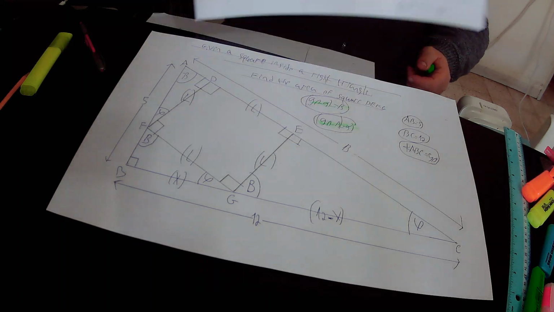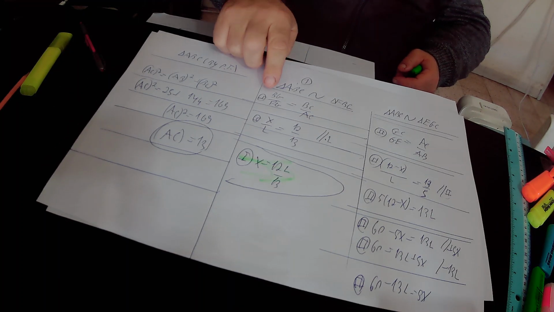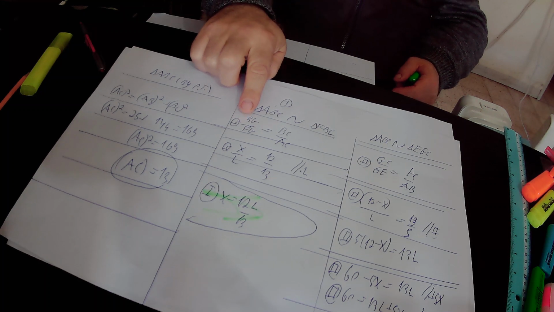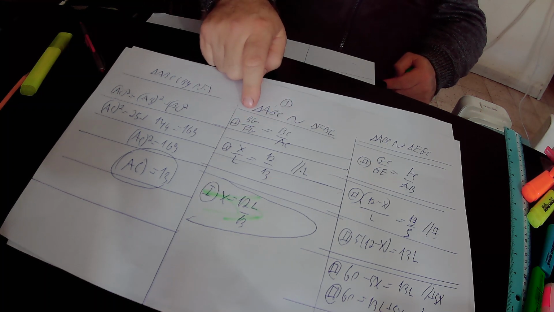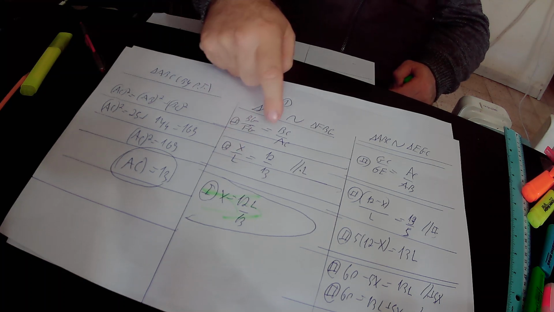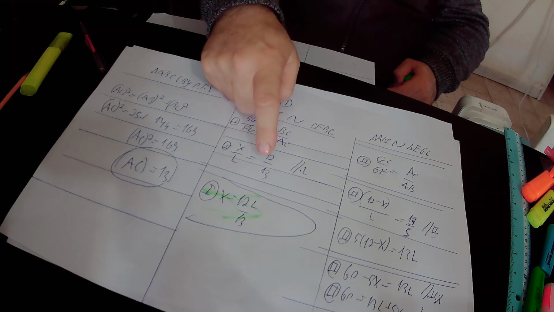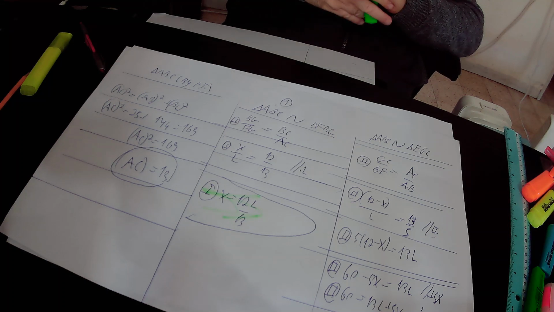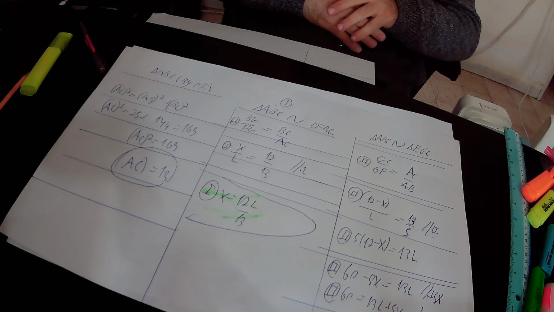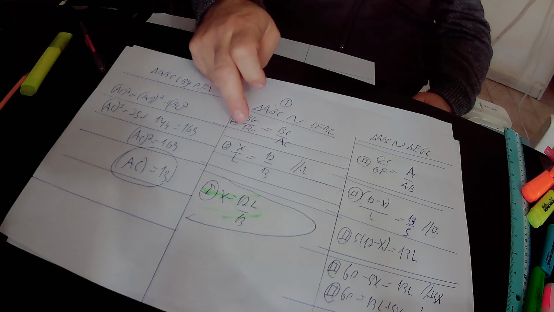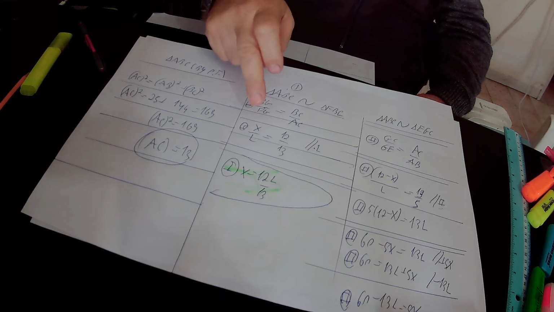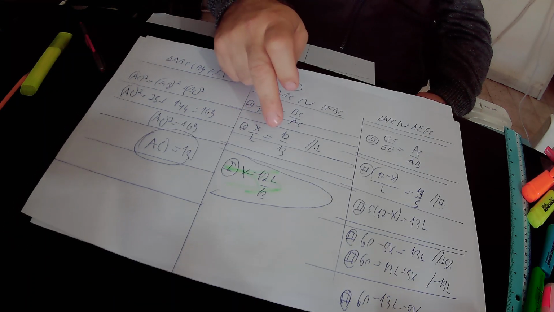BG is X, FG is L, BC is 12, and AC is 13. In conclusion, according to equation 1, X over L equals 12 over 13. Here we multiply this equation by L, and finally find that X equals 12L over 13.